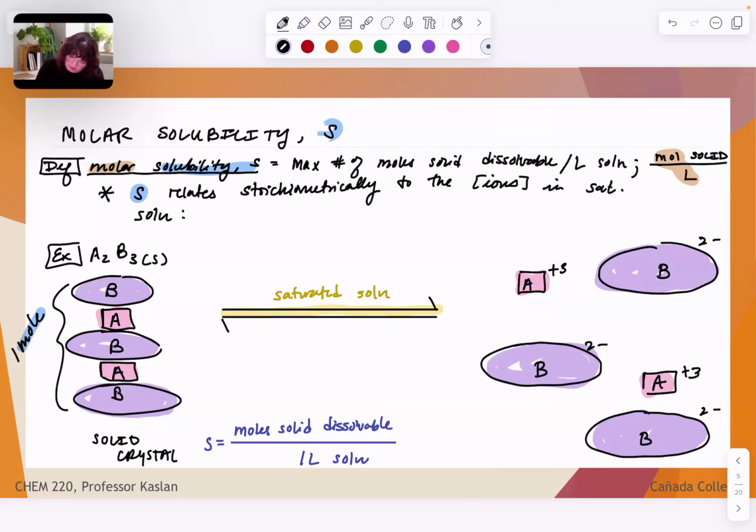All right, so let's write that here. If I have 1 mole of my crystal that dissolves, then I now have 2 moles of my cation and 3 moles of my anion.